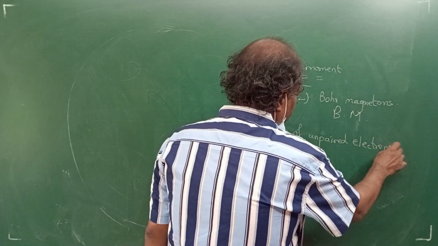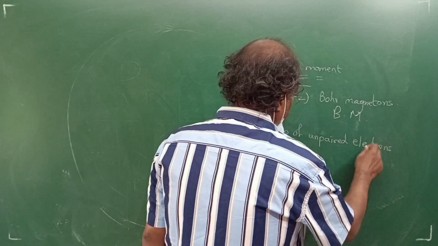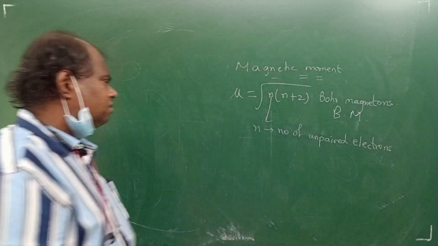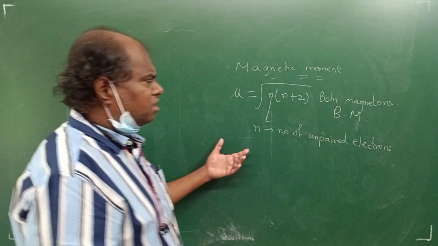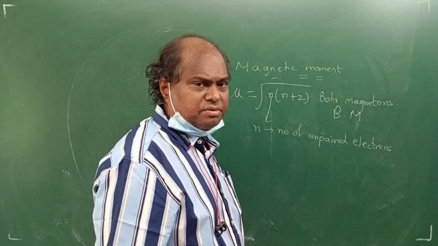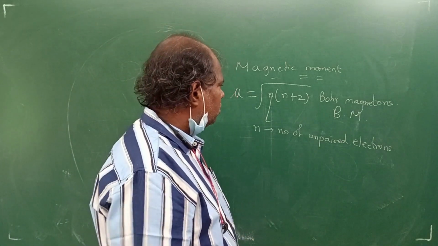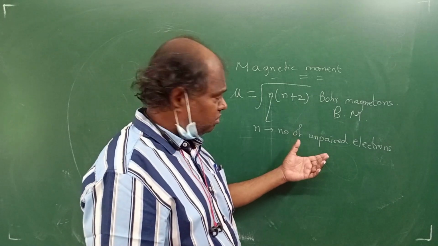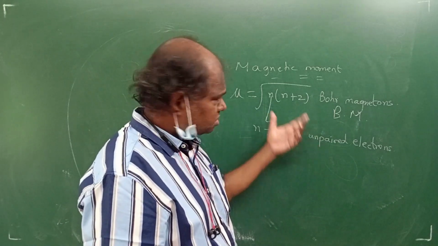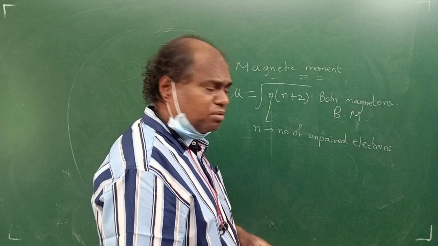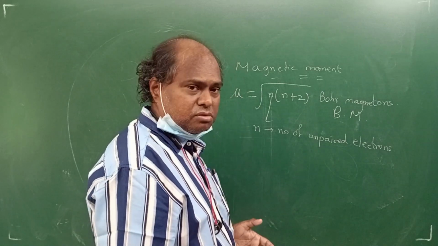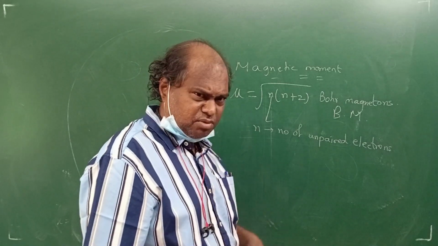So n will give you the number of unpaired electrons, right? Very important now: if you've got unpaired electrons, you will have a magnetic moment, mu. By the way, what is magnetic moment?